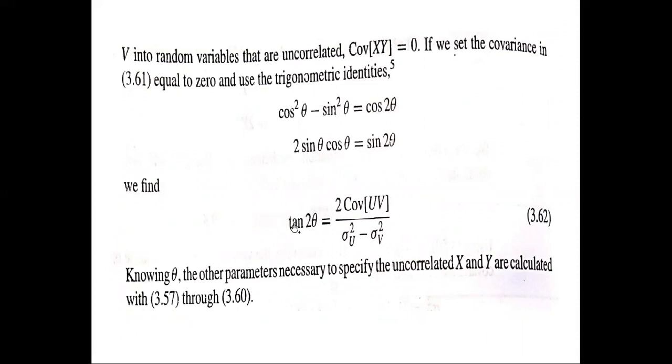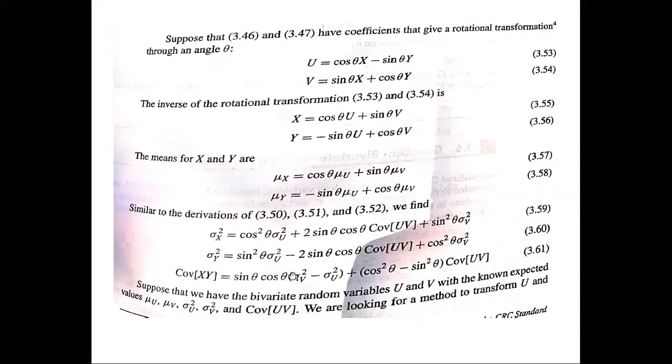Rearranging, this is sin 2 theta by 2 and this is cos 2 theta. Taking this on that side, you'll get minus sin 2 theta by 2 times sigma v squared minus sigma u squared equals cos 2 theta covariance of uv.